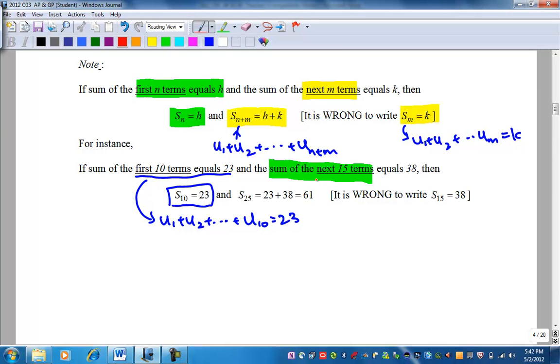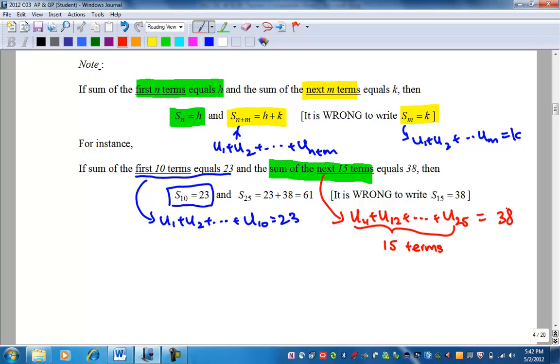The next 15 terms after the first 10 terms will have to start from the 11th term, 12th term, and when we want a total of 15 terms, the last term will have to be the 25th term. So we're adding a total of 15 terms here, and the sum of these 15 terms equals 38.